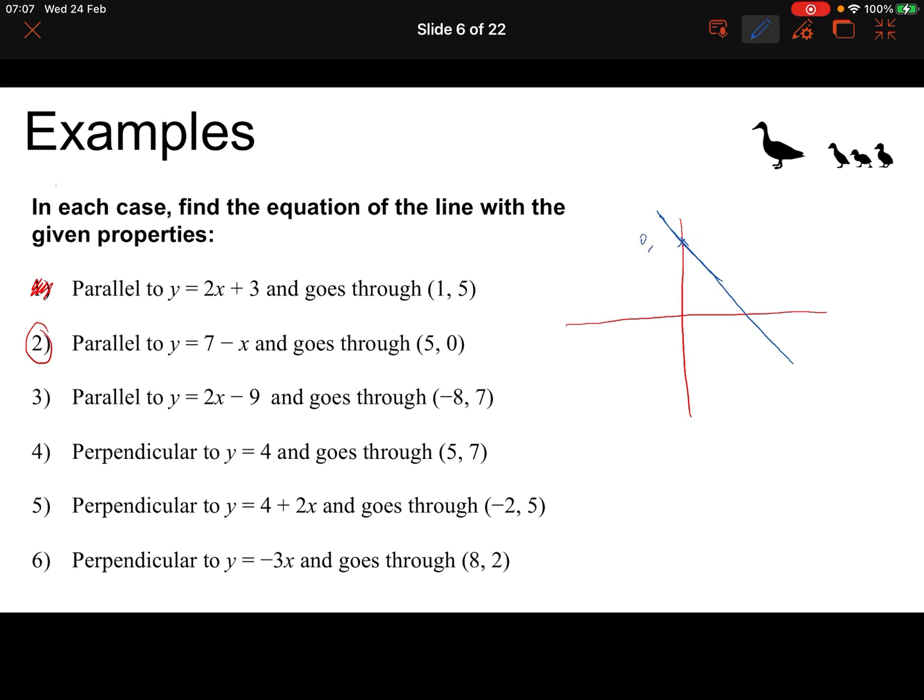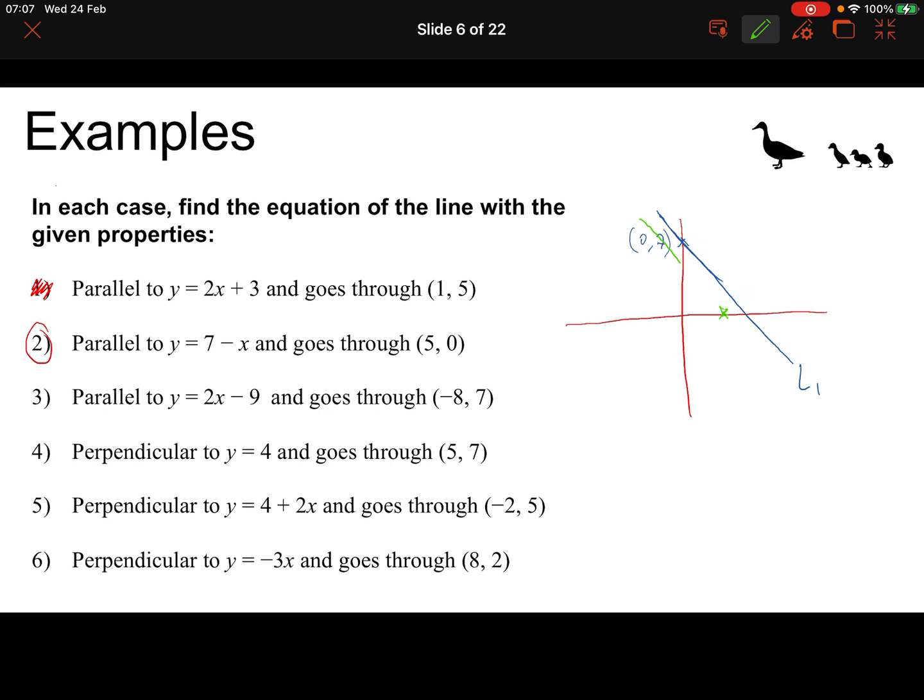That's (0, 7). Let's call this line 1. The question is saying find another, different line that is parallel to that line and passes through the point (5, 0), which would be somewhere like this.